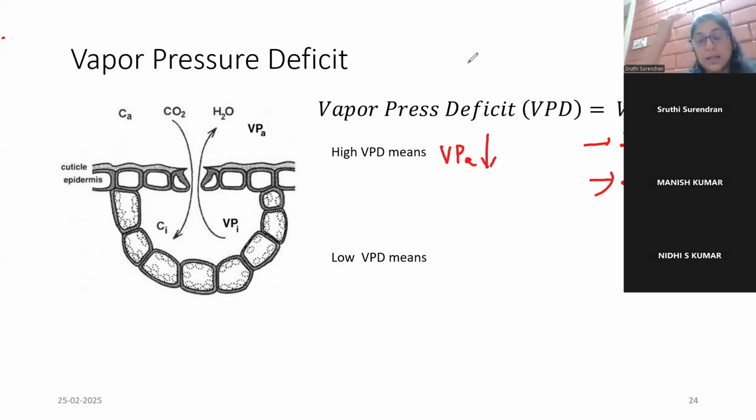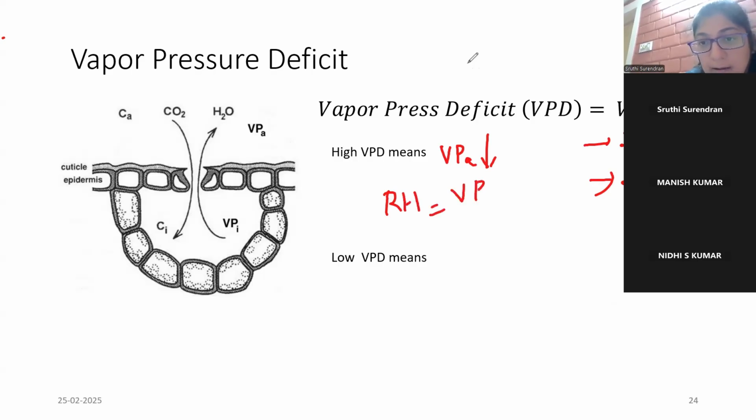And if we don't want to do too much thinking, we can say RH is equal to VPA by VPS. Since RH is directly proportional to the VPA and VPA is low, RH also will be low. So as the actual vapor pressure keeps on increasing, the relative humidity also will keep on increasing.